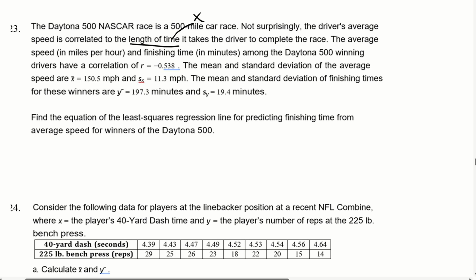No, I got it reversed. It's not the length of time. It says the faster you are, the average speed. The faster you are, the less time you're going to need to complete the race. So x is the average speed. It helps explain the time to complete the race.